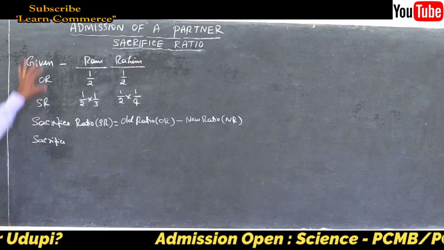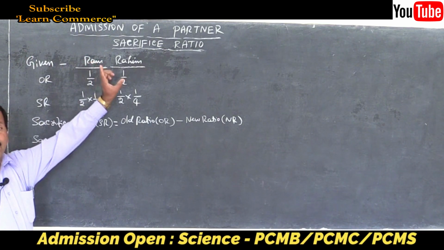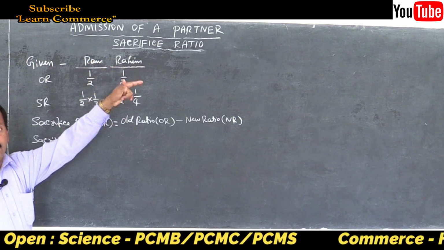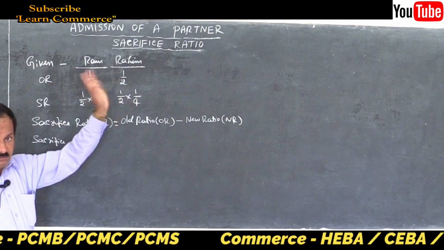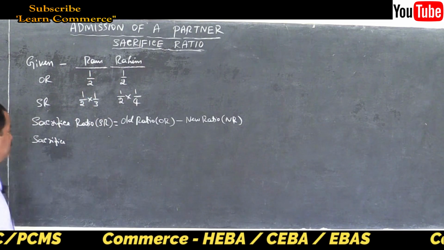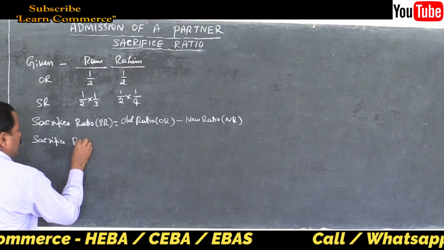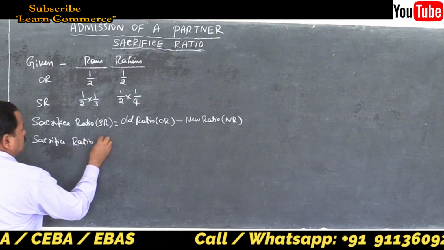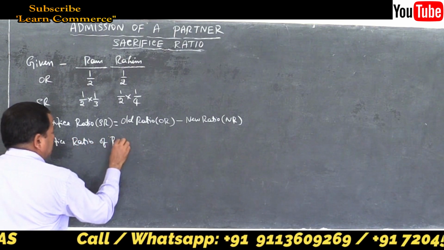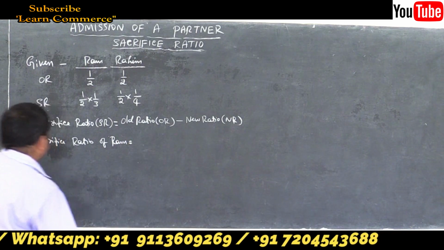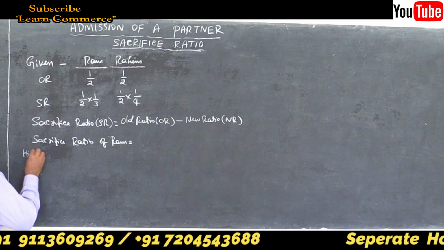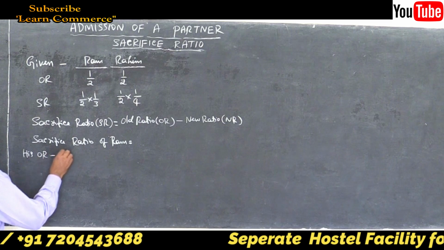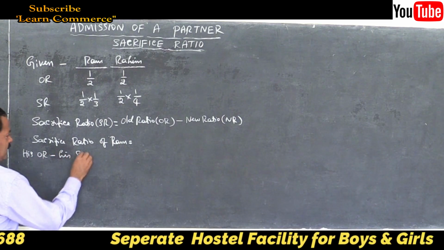First you have to write the sentence, calculation of sacrifice ratios of Ram and Rahim. That is very important. Remember, sacrifice ratio of Ram is equal to his old ratio minus his sacrifice ratio.